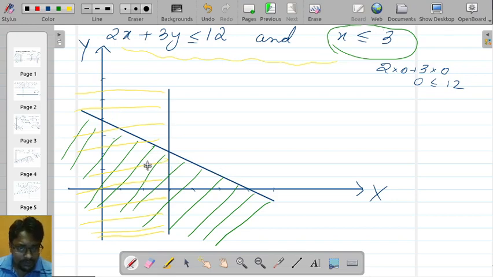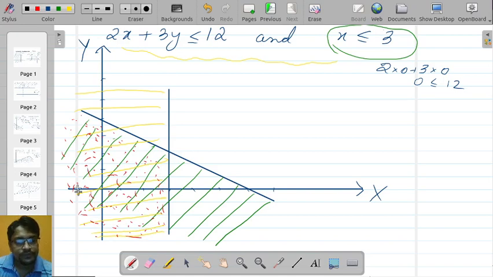From the diagram itself you can see the portion where there are both the green marking and the yellow marking. Let me mark it for your convenience. This particular region represents the intersection of these two regions. So this is the common portion represented by these two inequations.